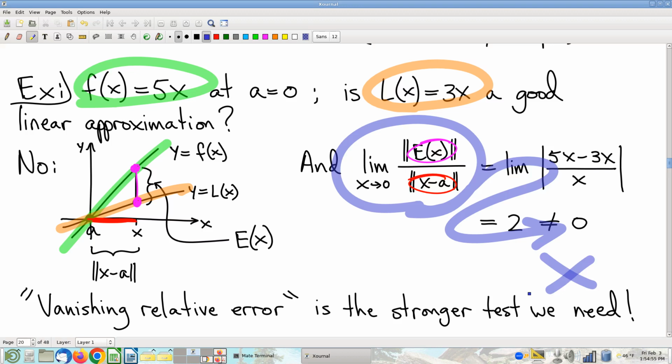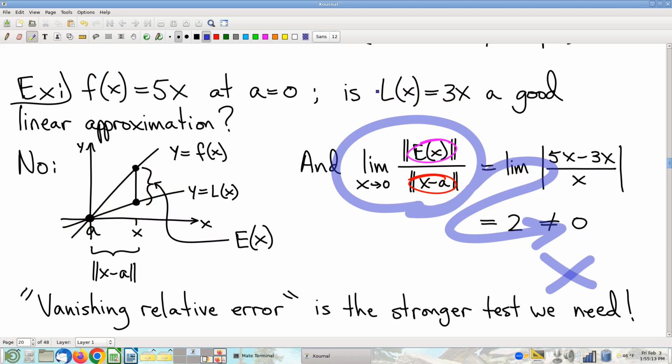So as is appropriate, this candidate linear approximation has failed our test, thankfully, right? It should fail. It's obviously not a good linear approximation. So what we've got now is a test that, as it should, correctly rejects bad linear approximations.